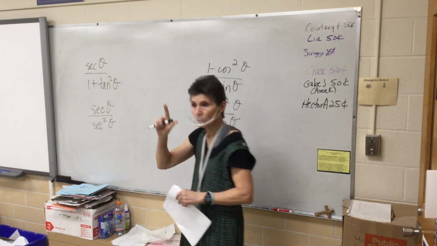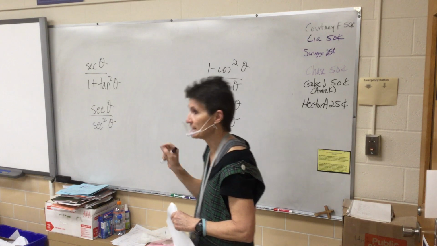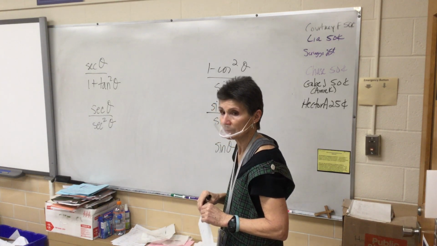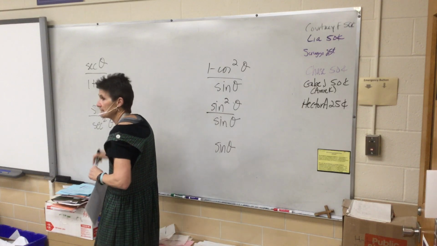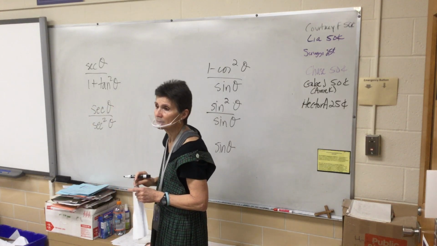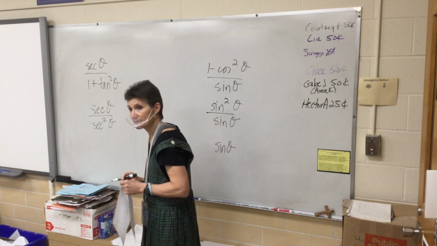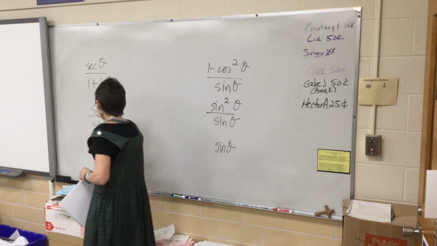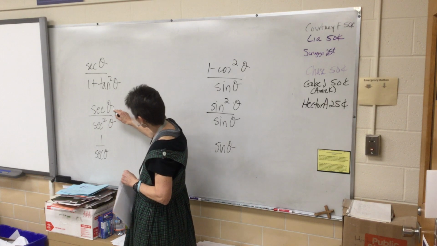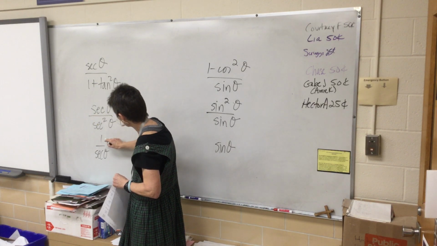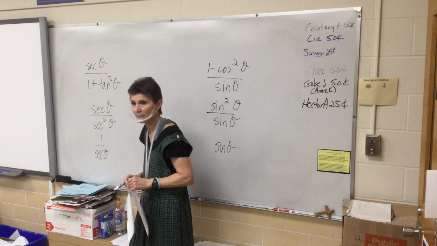Doesn't it say 1 plus tangent squared equals secant squared? Well, what happens now? You have secant over secant squared. What's that? You can cancel out a secant, and you'll have 1 over secant. Be careful when you cancel. There's only 1 on the top, so that's going away, and 1 of these is going away.